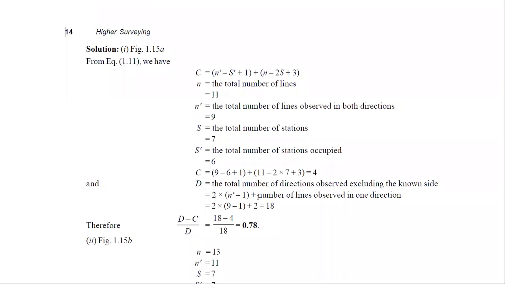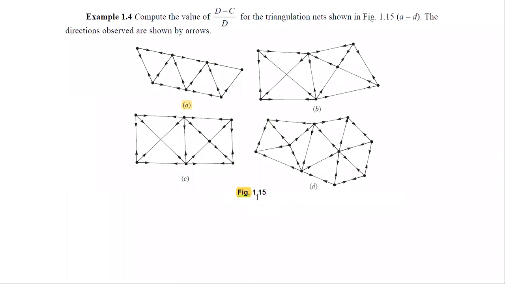So for this question, it is important to observe n, n dash, s, and s dash. Once we have the values of n dash and s dash, we are comfortable with these. If we are able to find whether all the stations have been occupied or not, or how many stations have been occupied among the total stations, then we will be able to find s and s dash.